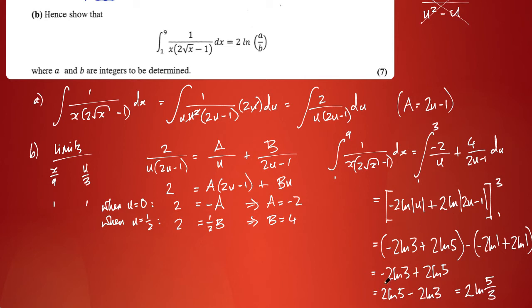I can only do that, using the 2 in front of both, when it's the same number in front of both, as sort of factorising each term, and then using the laws of logarithms to combine them. So that's got to where I needed it to: 2 ln a over b, where a and b are integers to be determined. So that's that one.